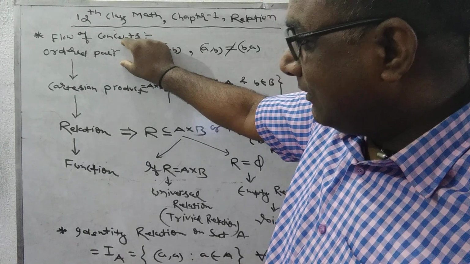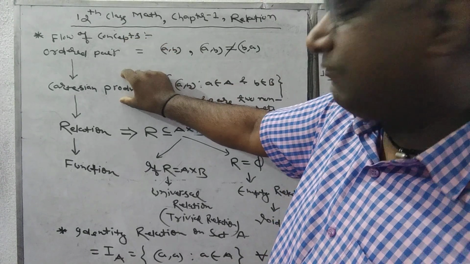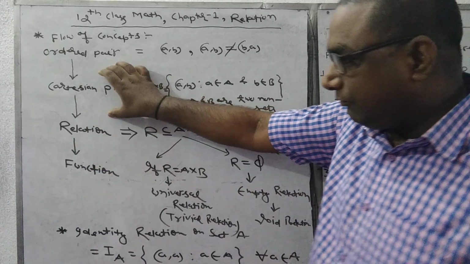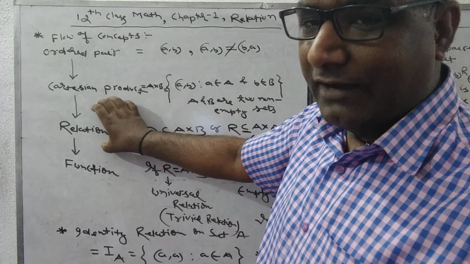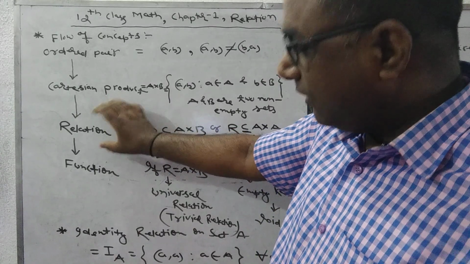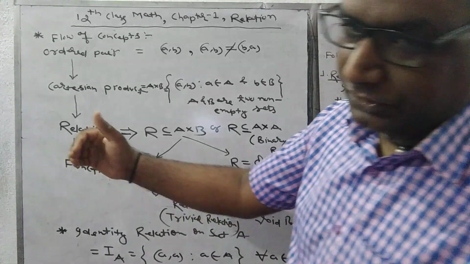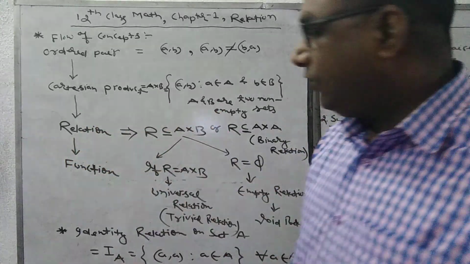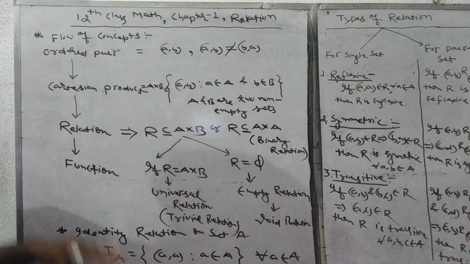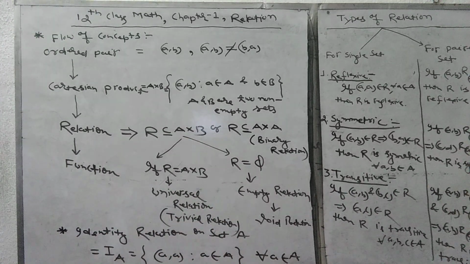Then after ordered pair, we must have information regarding Cartesian product. If you know Cartesian product, then we are in a position to define the term relation. After relation, we know the function. For the function, I have to make another video, so today's video class is restricted to relation only.